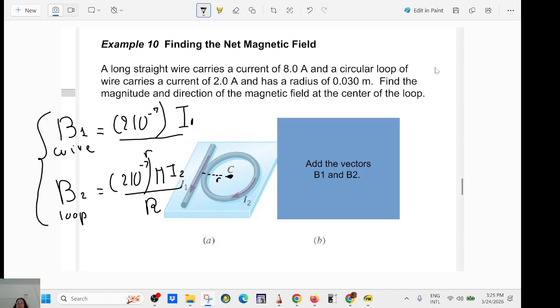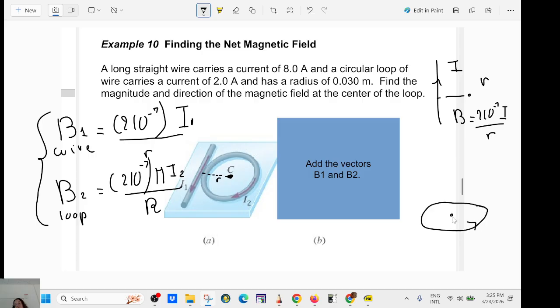So you have two equations. If you have a wire at a distance r, you're going to have a magnetic field, which is 2 times 10 to the negative 7 times the current divided by r. If you have a loop of current and you want to find the magnetic field here at the center, then you use the same equation for a loop, except you add a pi. So how can you remember? That will be the radius.